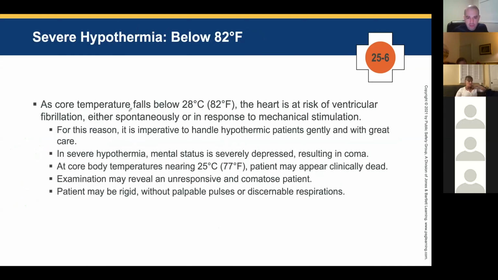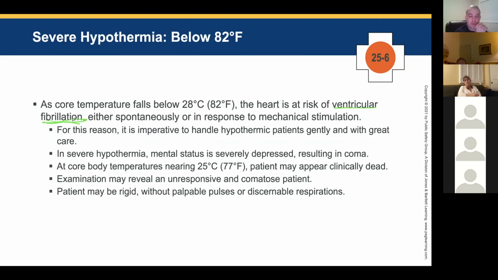Now, as the temperature begins to fall, less than 82 degrees, the heart is at risk of ventricular fibrillation. And really quick, what is ventricular fibrillation? Erratic heartbeat. Yeah. Does ventricular fibrillation produce a pulse?